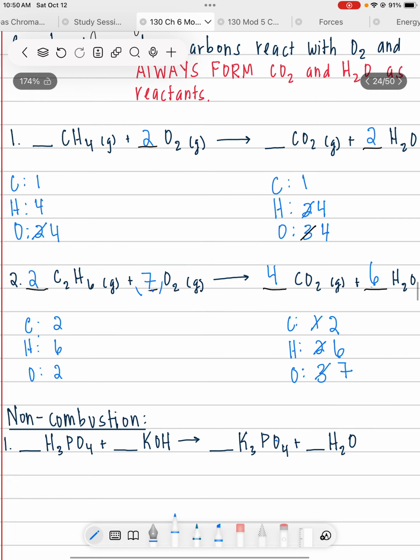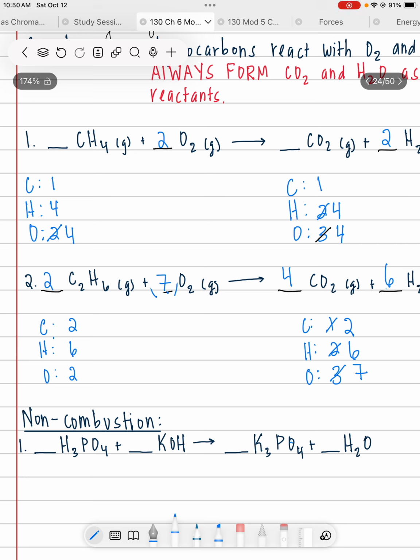We've made lots of changes, so let's go back and update our numbers. For carbon, we have 2 times 2. That gives us 4 carbons. For hydrogen, we have 2 times 6, which gives us 12. And then for our oxygens, we have 7 times 2, which gives us 14.